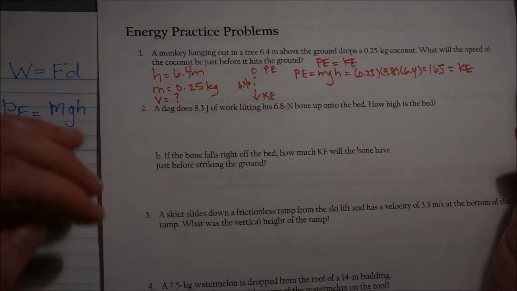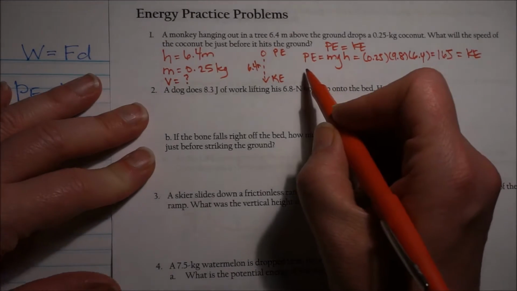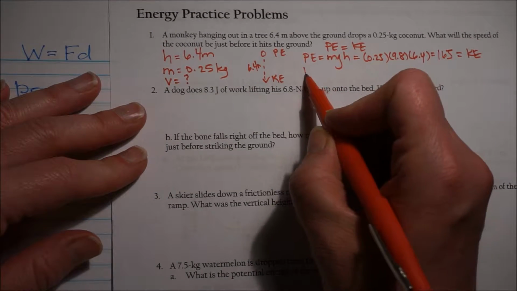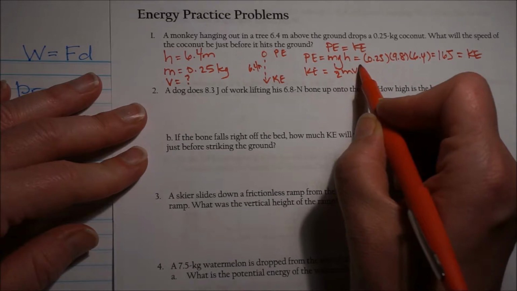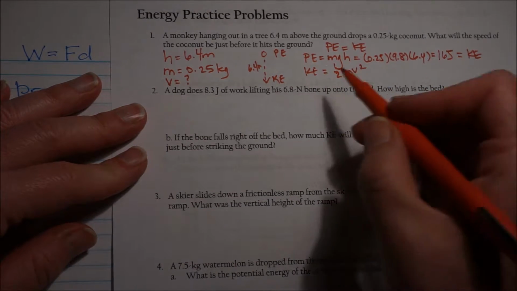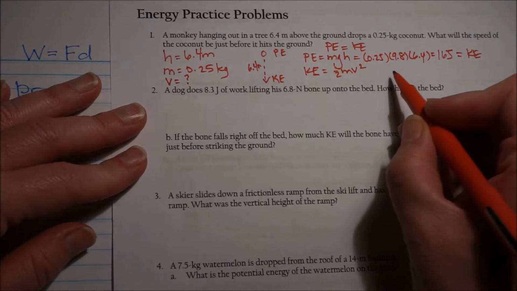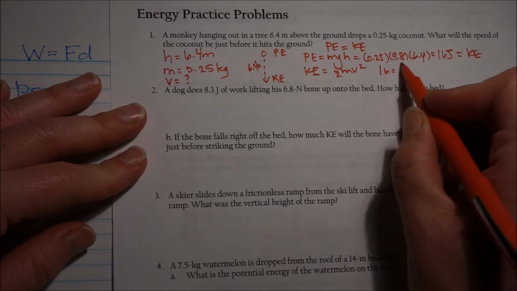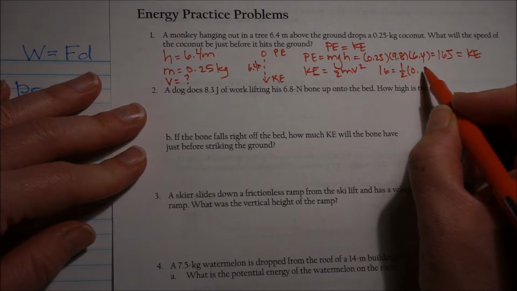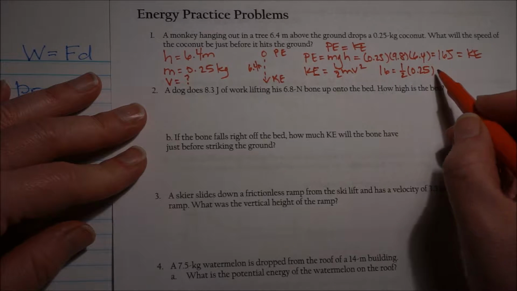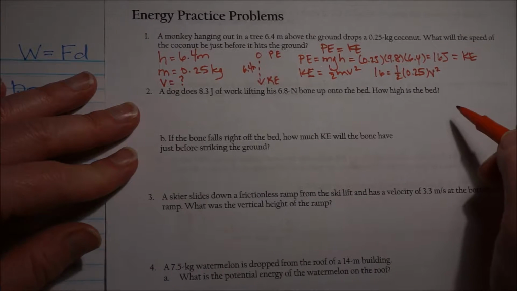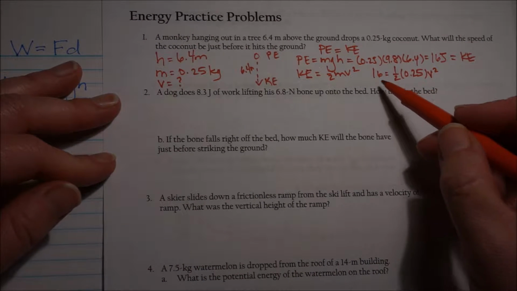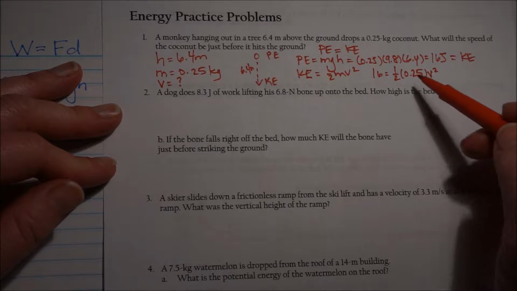Oh, I'm sorry, I'm writing out of frame. So if our kinetic energy is equal to 1/2 mv squared, then we can say 16 equals 1/2 0.25 v squared. To solve this problem, we have to do some stepwise algebra.